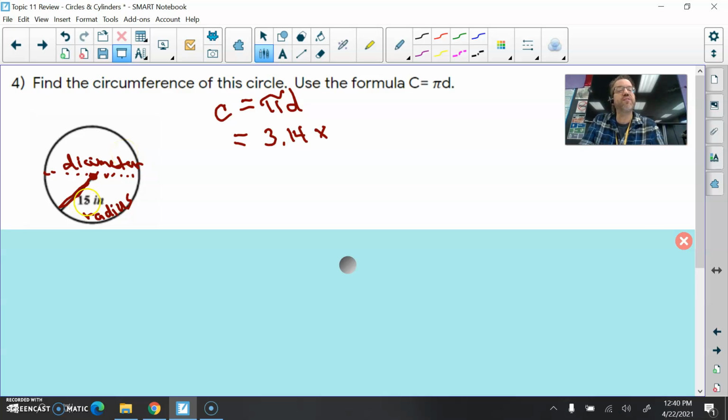So if the radius is 15 inches, then the diameter must be twice that, which would be 30 inches. Okay? So back to my equation, we have pi, 3.14, times the diameter, which is 30. So what do I have? What would that be? 94.2, it looks like. Let me check it. 3.14 times 30. Yeah, 94.2.